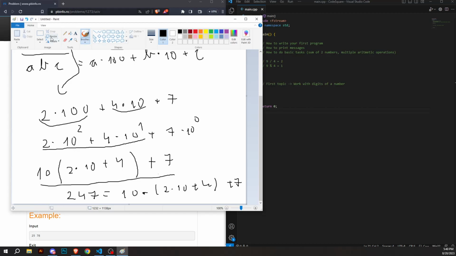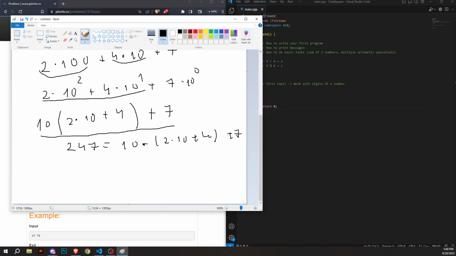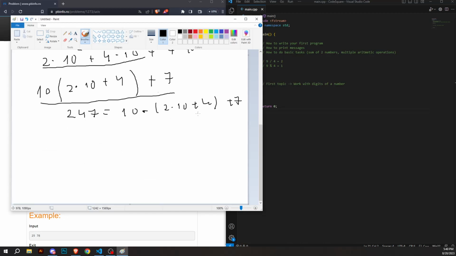In other words, this 2 times 10 plus 4 is actually 247 divided by 10.